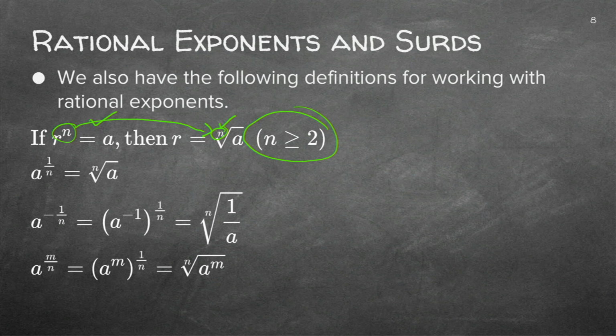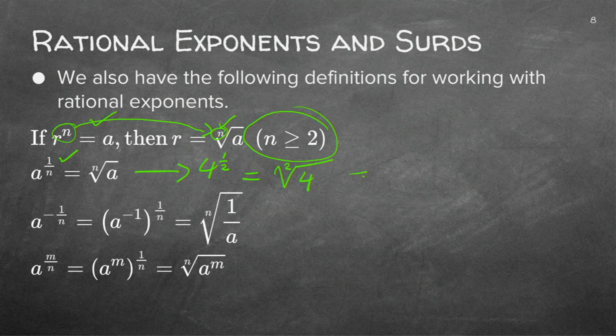So if you have a to the power of 1 over n, so you have a fraction there, this is the same as the nth root of a. What do I mean? Let me just use actual values. If I have 4 to the power of 1 over 2, this is the same as the square root of 4.